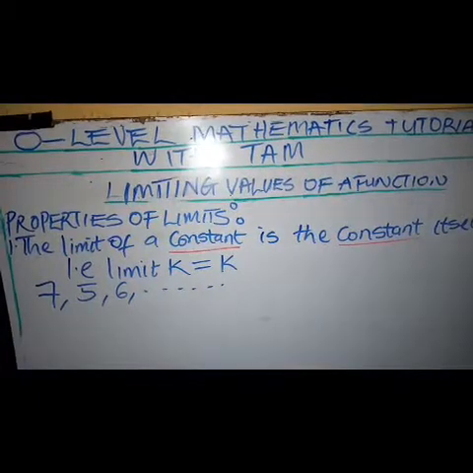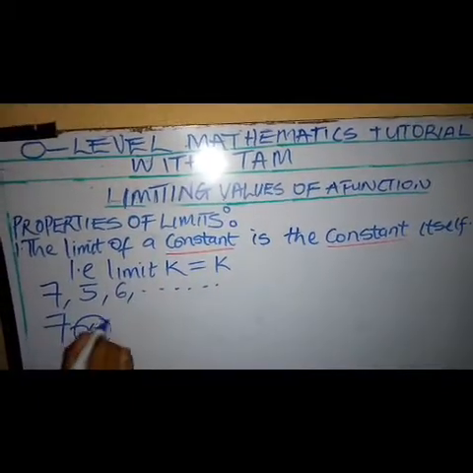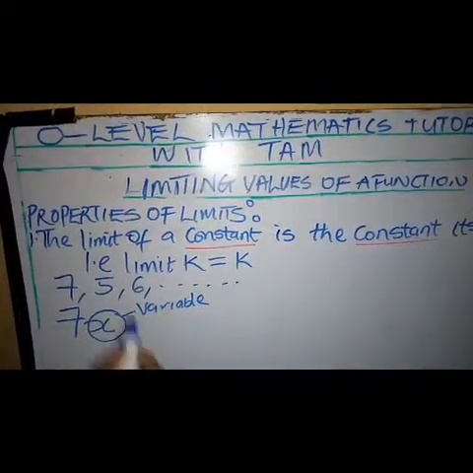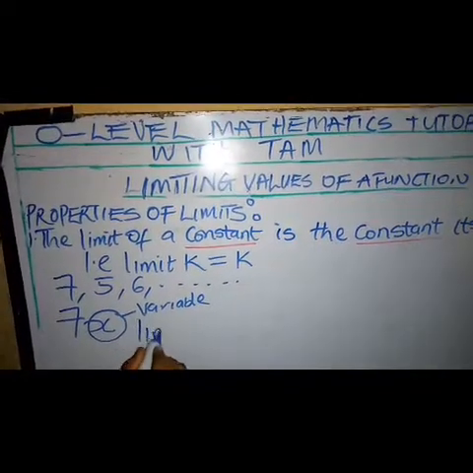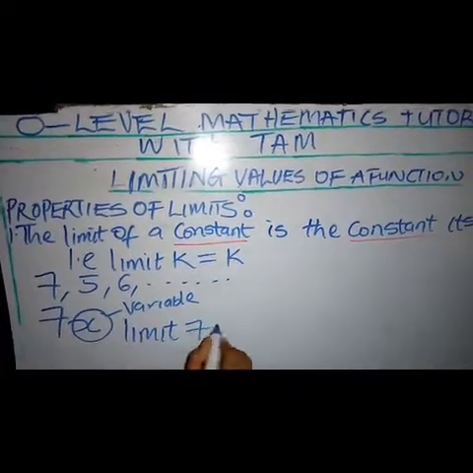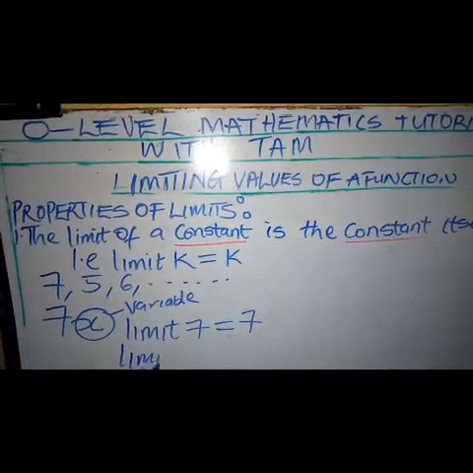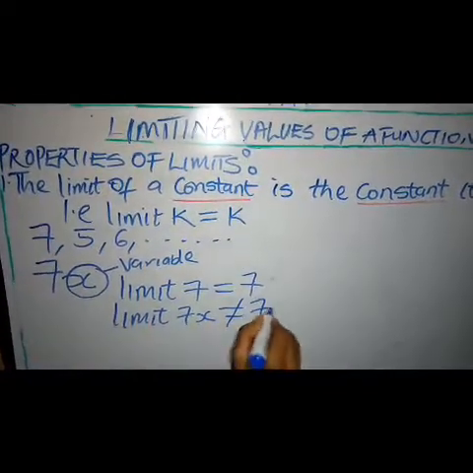But once 7 is attached to x, which is called a variable, this rule does not apply again. So when you are asked to find the limit of 7, the limit of 7 is still 7. But when you are asked to find the limit of 7x, this rule does not apply again.